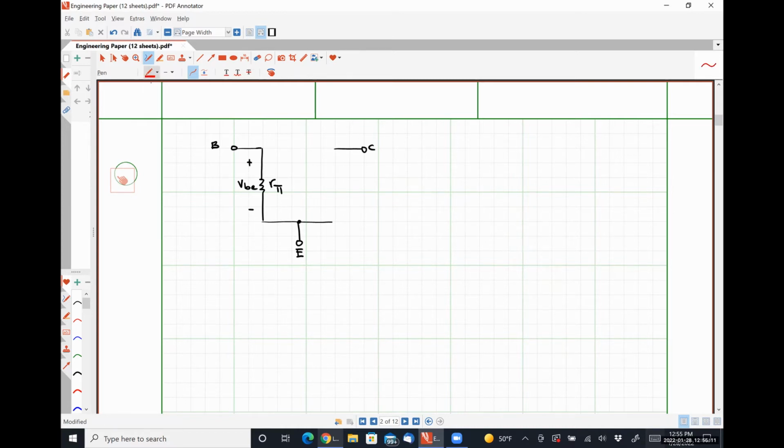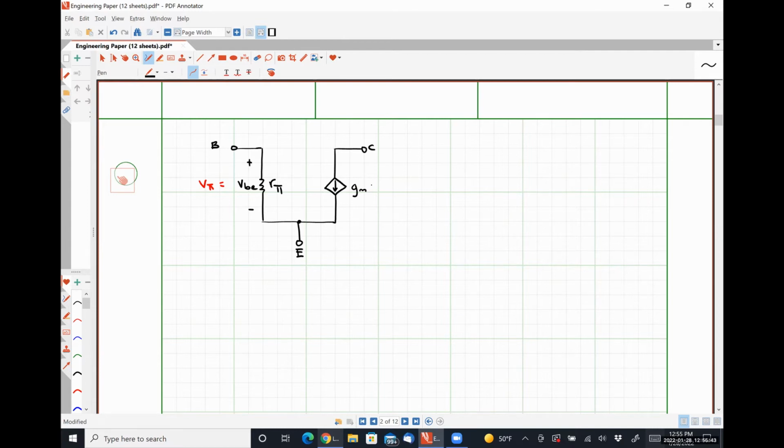And then the voltage drop over R pi is our small signal voltage vbe. Some textbooks call this voltage v pi. I'm going to try to be consistent and use lowercase vbe throughout, but if I slip up and write down v pi, I literally mean the exact same voltage. And between the collector and the emitter, we replace our dependent current source with a different dependent current source.